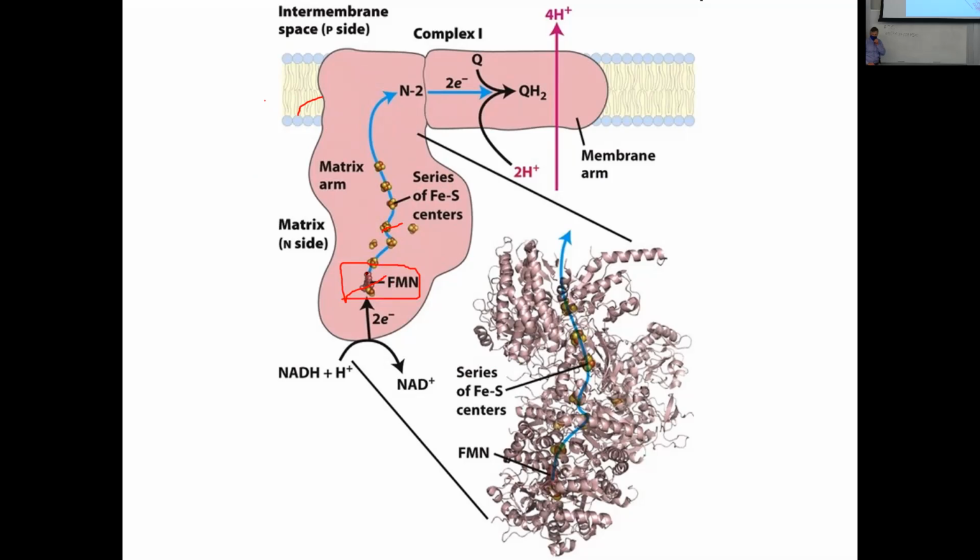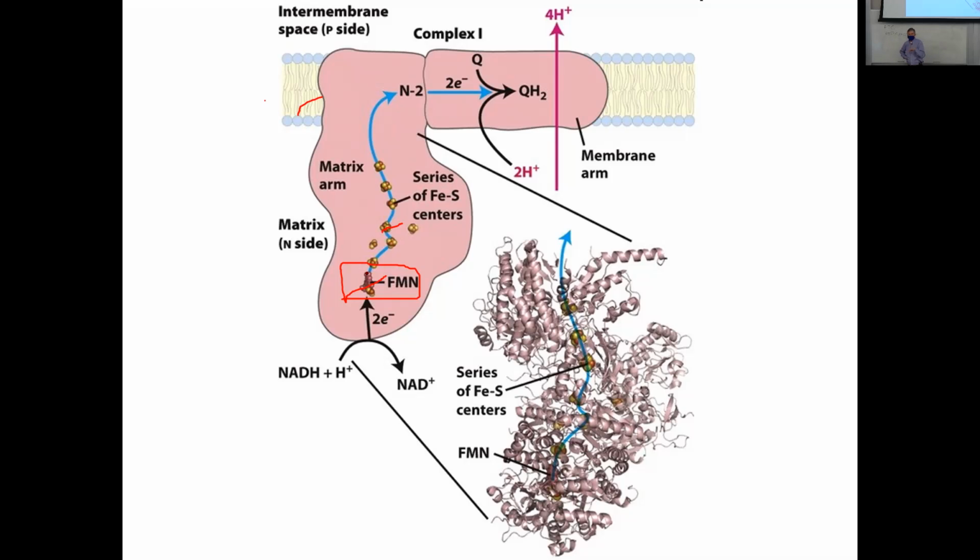And then we have a series of 9 iron sulfur clusters. Now, the book talks about 6 to 9. Actually, I think there are 9 in virtually all species. The issue is how many of those are used as part of this chain. So we have this molecular wire where we are moving electrons along.